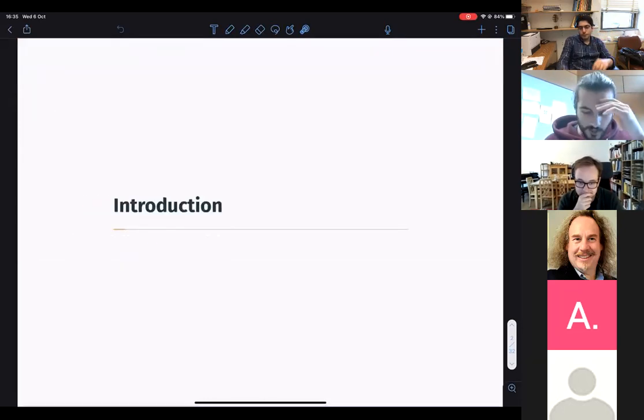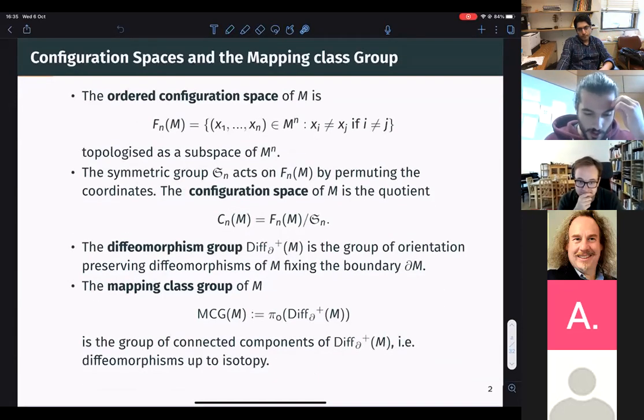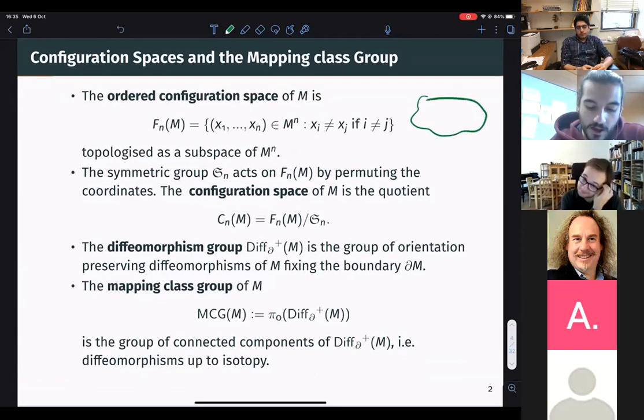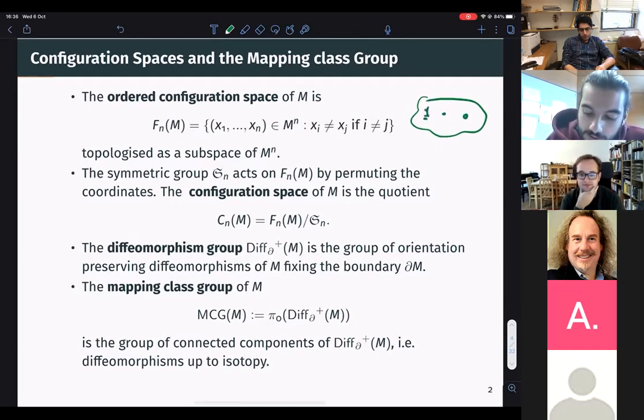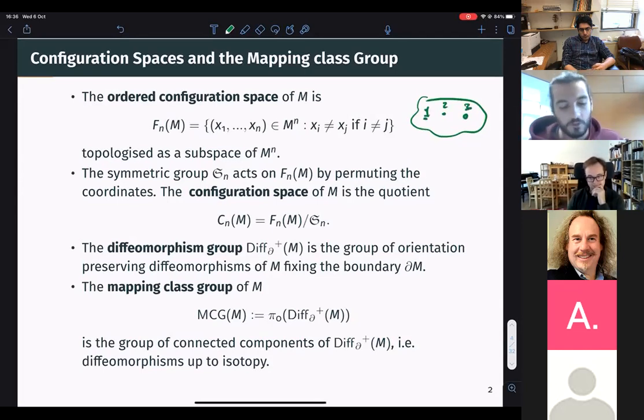So, introduction. The ordered configuration space on a manifold M, or a space M, is the set of ordered n-tuples of n distinct points on the manifold, topologized as a subset of the product of n copies of the manifold.